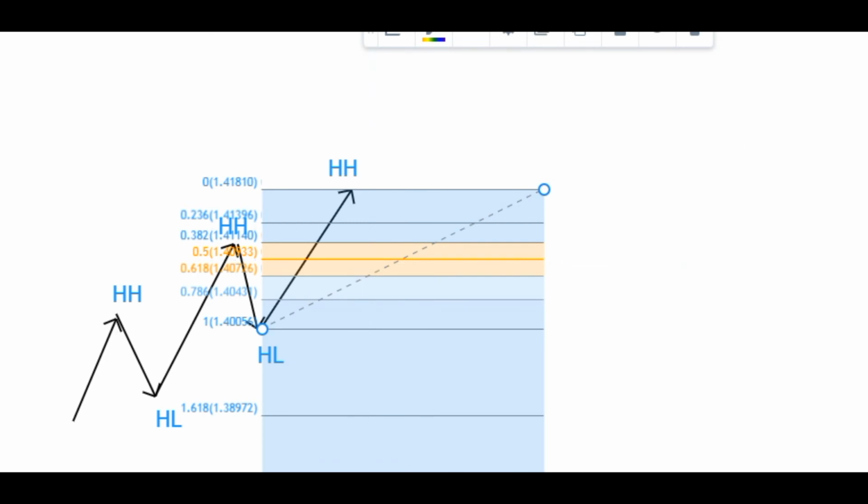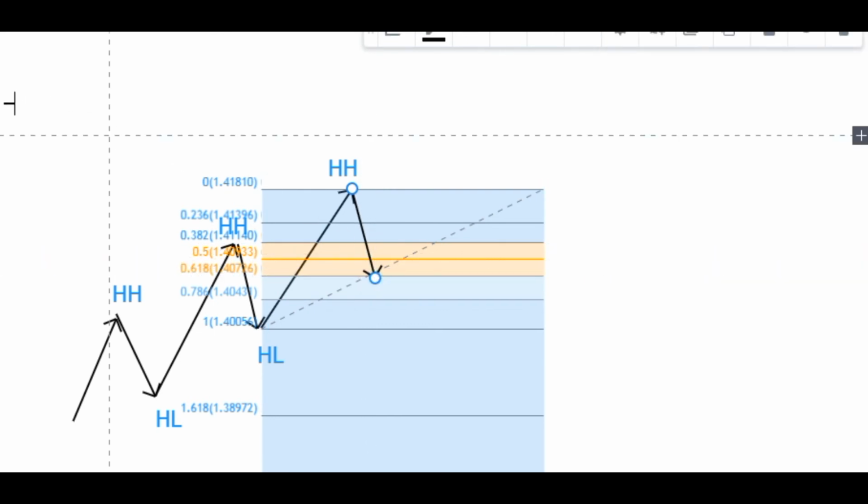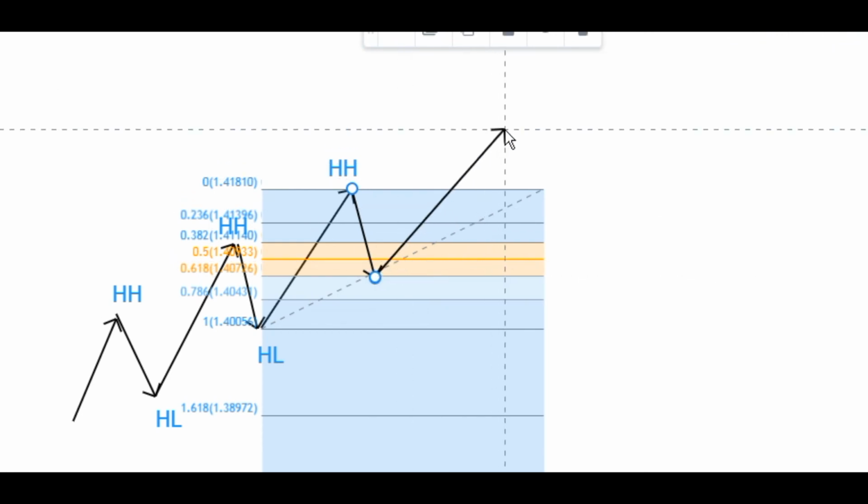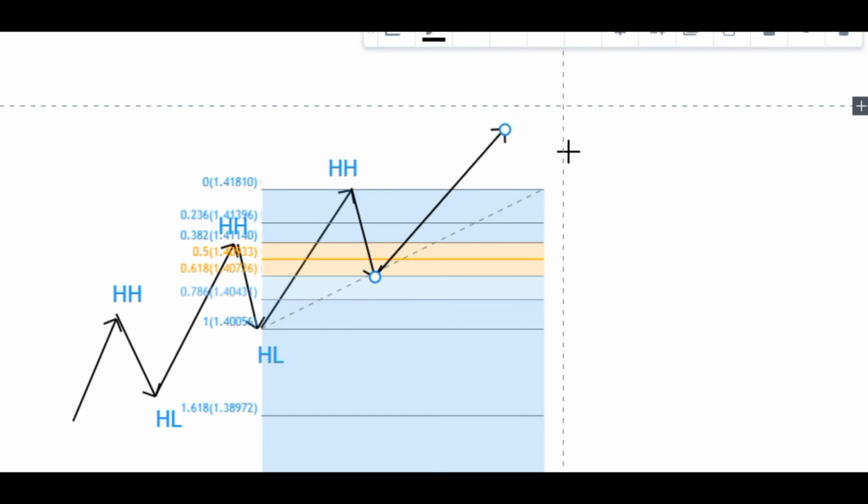So this is what you are going to see: price is going to make a higher low at somewhere around this point, and then price will shoot up again. This is how price is going to move in an upwards trend.